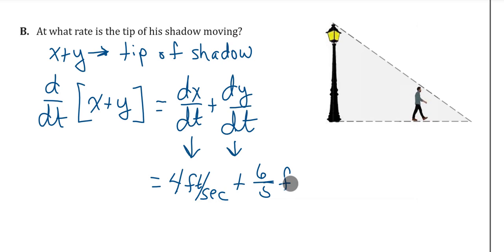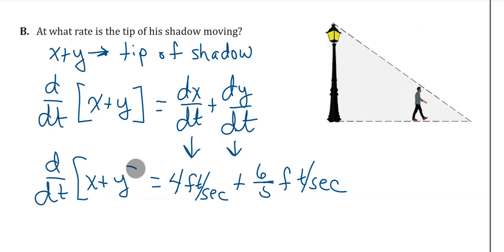So together they're going to give us the derivative with respect to time of the tip of the shadow. So when we add these together, make a common denominator, so we'll have 20/5 there. So we get 26/5 feet per second.